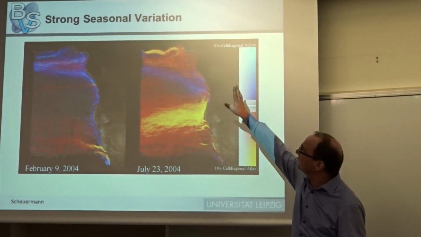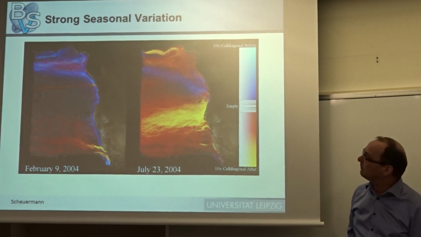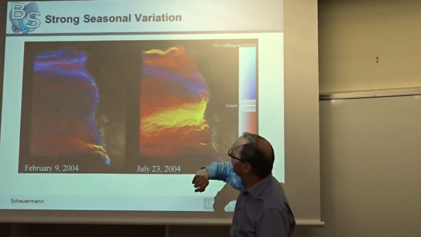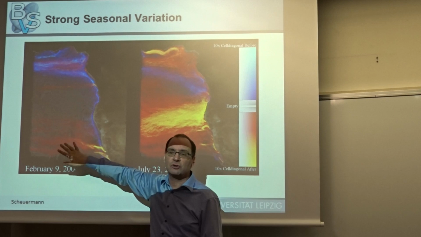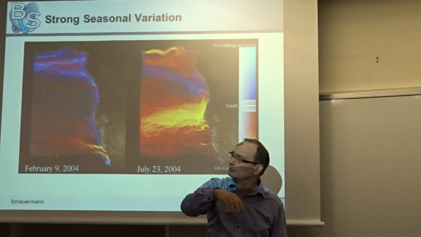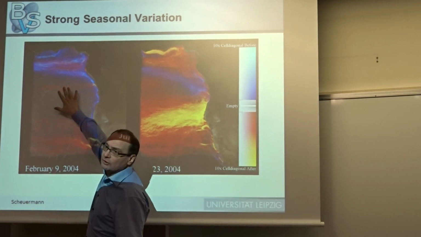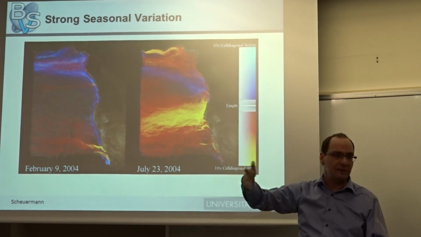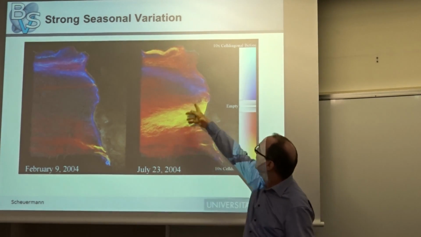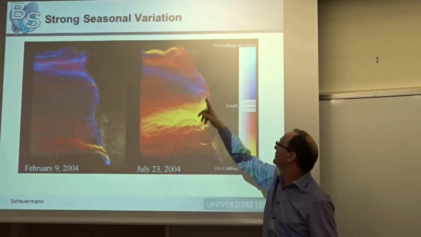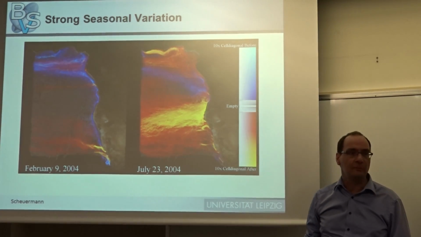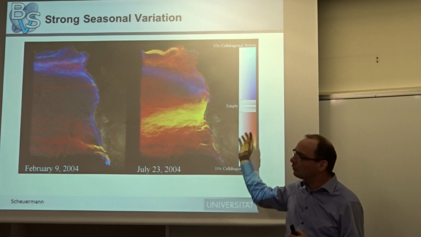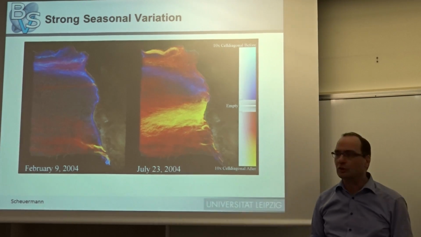And one of the things that is pretty much known to them is that there's a strong seasonal variation. In February, which is the southern summer, right, there's not much going on. And in their winter, which is our summer, like in Japan and Europe here, it's substantially more, as you can tell right from these images. And of course you can also create a video to show that over time.